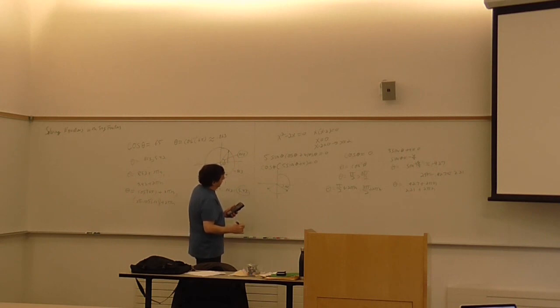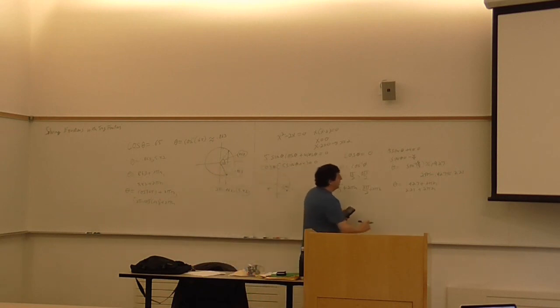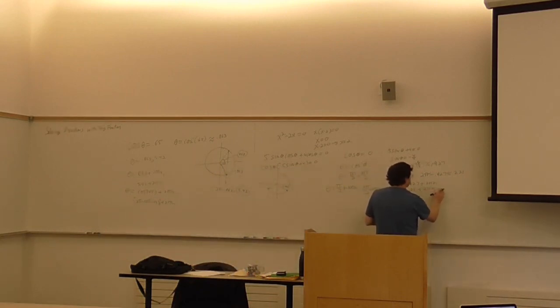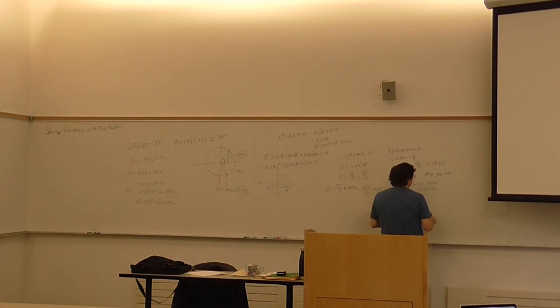That's going to be pi plus 0.927. So what's that going to be about? 3.14 plus 0.927. I don't know. We'll say 4.